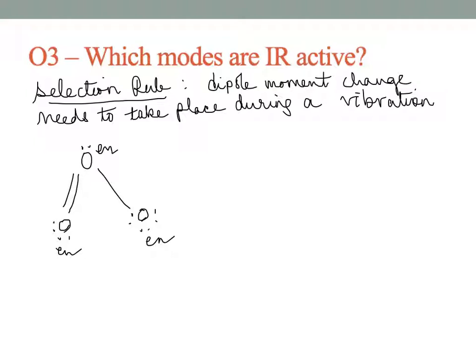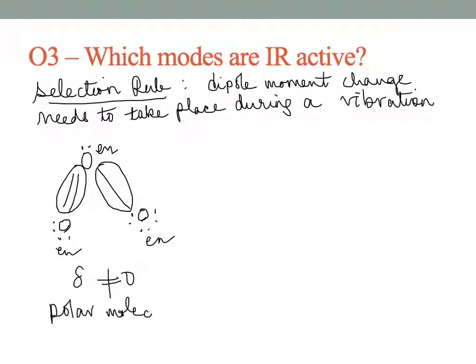However, this bond is a double bond, this bond is a single bond. So the dipole moment is not equal to 0. So this is a polar molecule. Any molecule that does not have a zero dipole moment is definitely IR active.